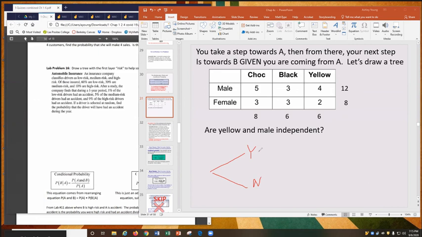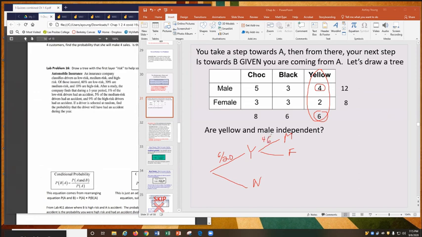I pick a yellow puppy. The probability of yellow is 6 out of 20. Now I'm here, which means I know I have a yellow puppy. What's the probability of drawing a male now? 4 out of 6.